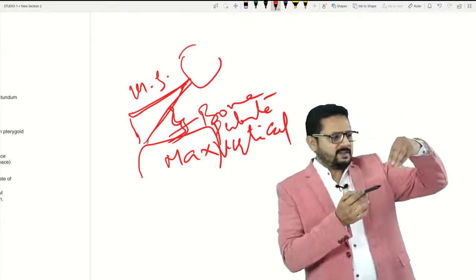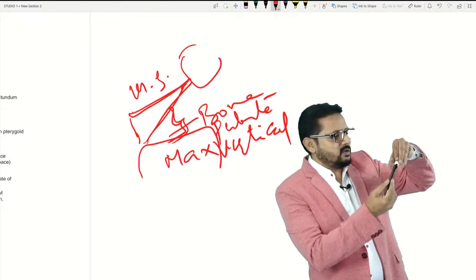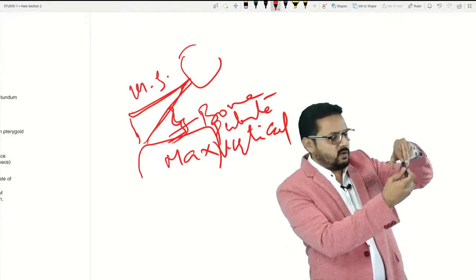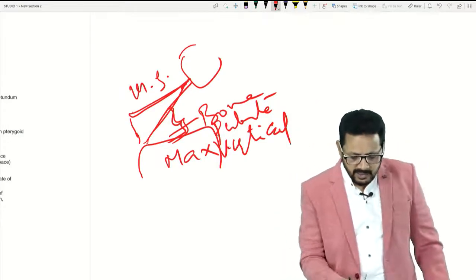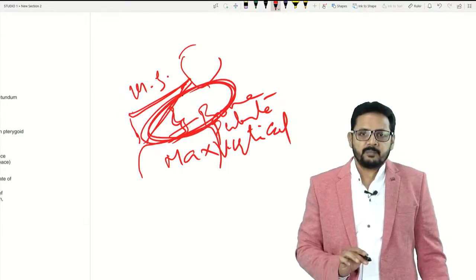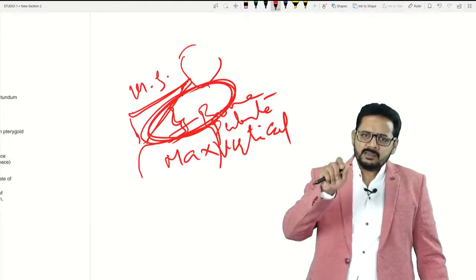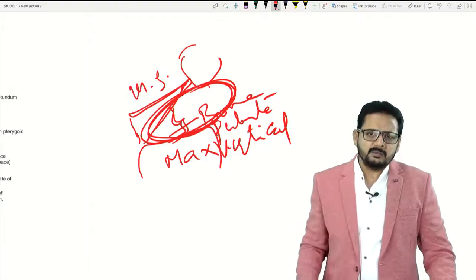Let us say this is the buccal side, this is the palatal side, so don't go straight. You have to go in a palatal direction like this, so that you take maximum advantage of this bone. And with a single piece implant, you can always bend the implant in whatever direction you want.